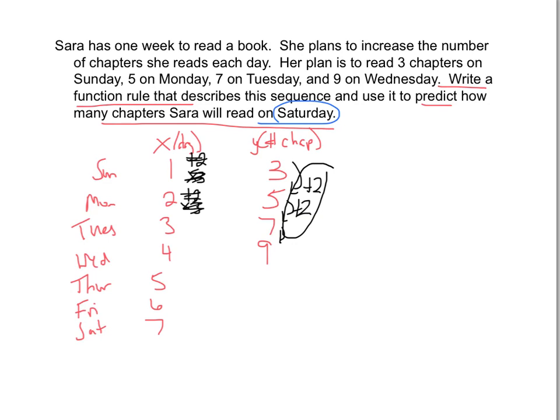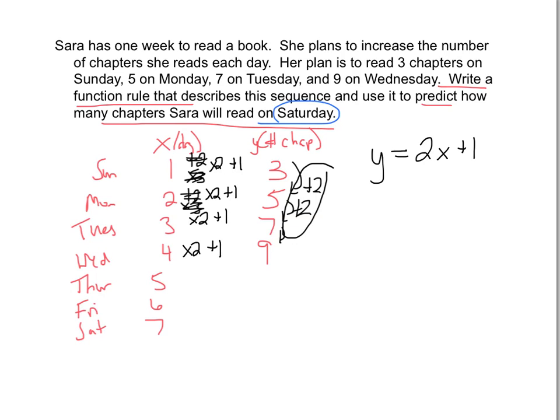So if we look, we notice that we could do 1 times 2, which would be 2, plus 1 would be 3. 2 times 2 would be 4, plus 1 would be 5. 3 times 2 would be 6, plus 1 would be 7. 4 times 2 would be 8, plus 1 would be 9. So our y, or our output, is equal to 2 times x plus 1.